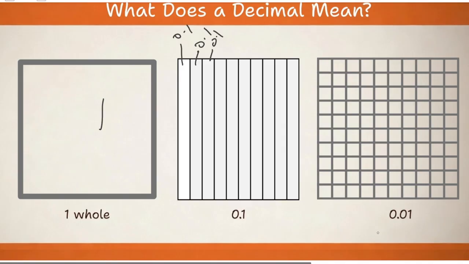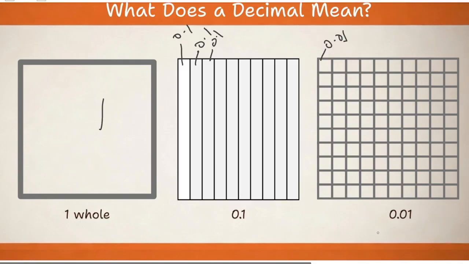And when we now divide it into 100 tiny squares, each part becomes 1/100. That is 0.01. When you divide one whole into 10, each part becomes 1/10. And when you divide each part into 100, each small square becomes 1/100.